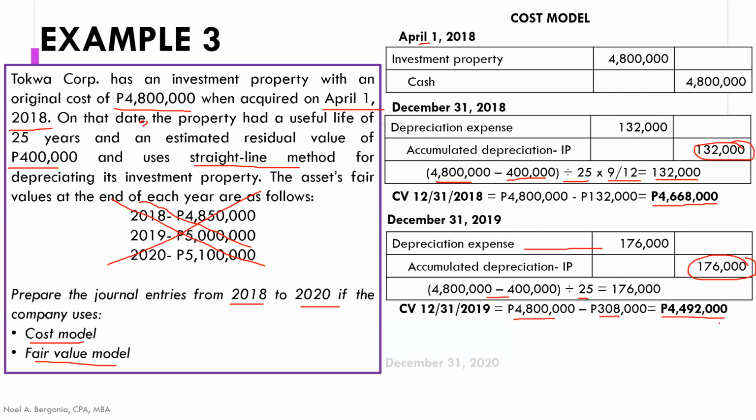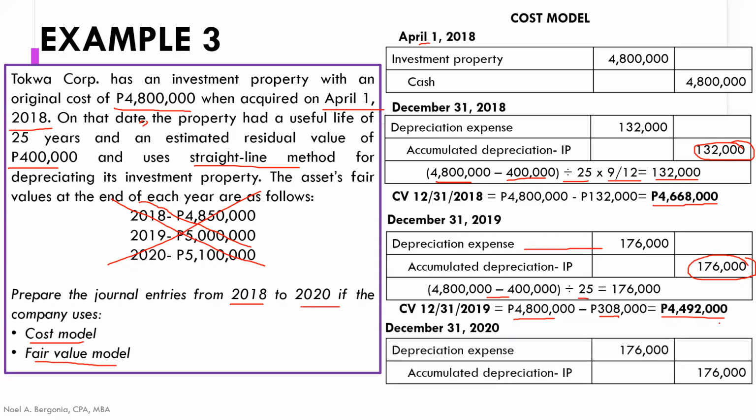And lastly, for 2020, we depreciate again for 1 year: debit depreciation expense, credit accumulated depreciation, investment property, 176,000. The carrying value on December 31, 2020 will now be 4,316,000. That's how it works for the cost model, very similar to our PPE. Again, if you have questions, please let me know.